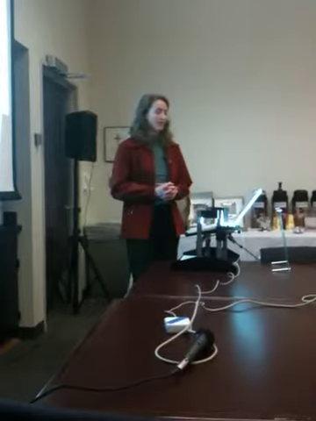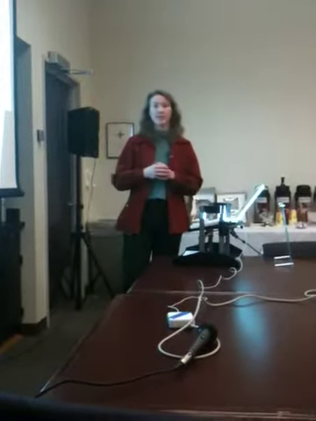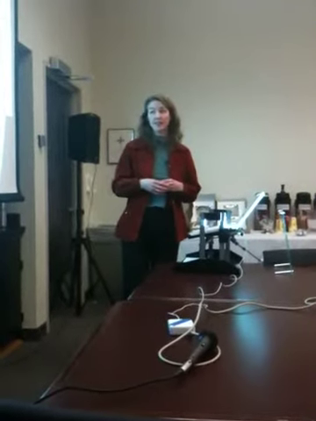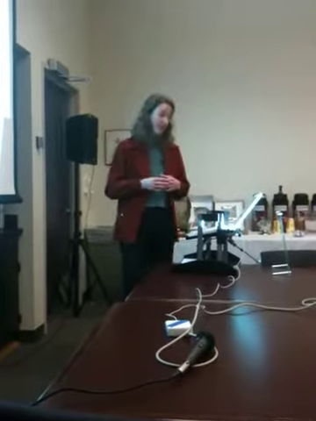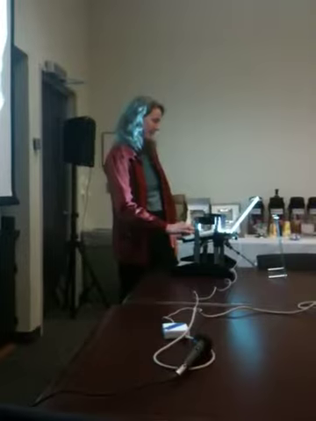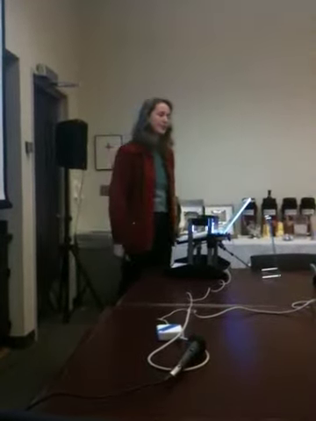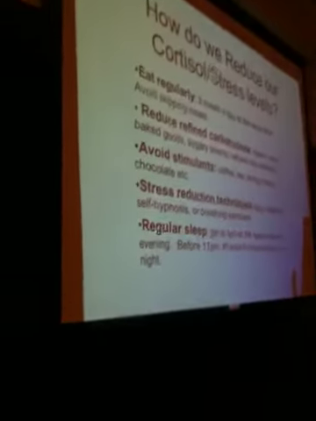So anyway, what immunologists are finding is that the immune system is correlated. Immune regulation is correlated with cortisol, maladaptive cortisol patterns. So how do we reduce cortisol stress levels?